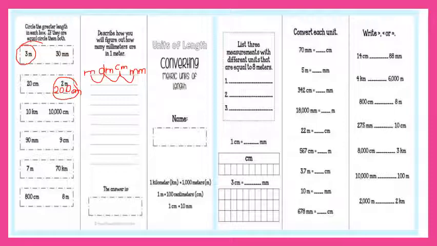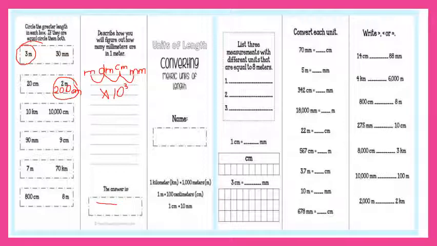So do I have to multiply or divide? I have to multiply because I'm moving from the big unit to the smaller unit. I jumped 3 jumps, so it is times 10 to the power 3. I have to write what I've said now in words to explain or describe how many millimeters are in 1 meter, and you have to find your answer and write it in this box.